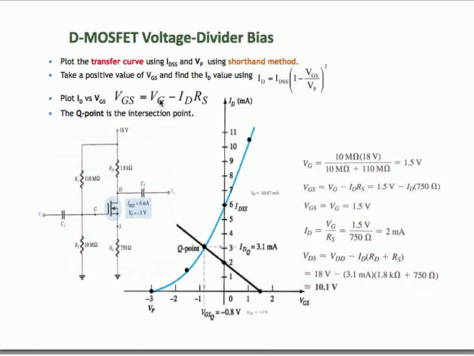The VG can be calculated using the voltage division rule, which you should already be familiar with. It involves the resistance values of R1 and R2, and also the voltage from your supply. Then you find the intersection point between your load line and your transfer curve, and that will give you your Q point.